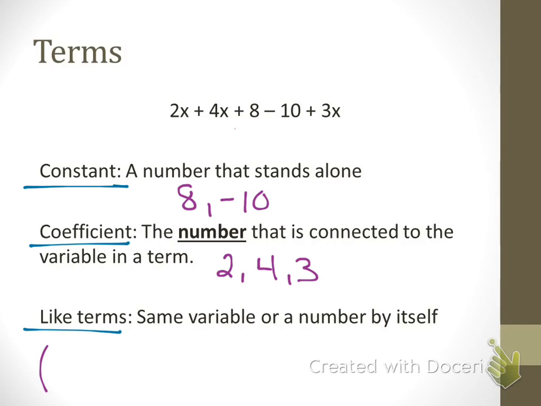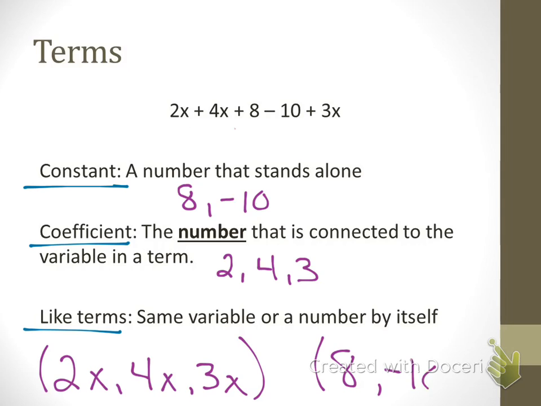What do you see? 8 and negative 10 and 2x, 4x, and 3x. So let's group them. 2x, 4x, 3x, and then in my other group, it's 8 and negative 10. In order for it to be like terms, there has to be more than one that are like it. Okay? So this is how I would identify my constants, my coefficients, and my like terms.